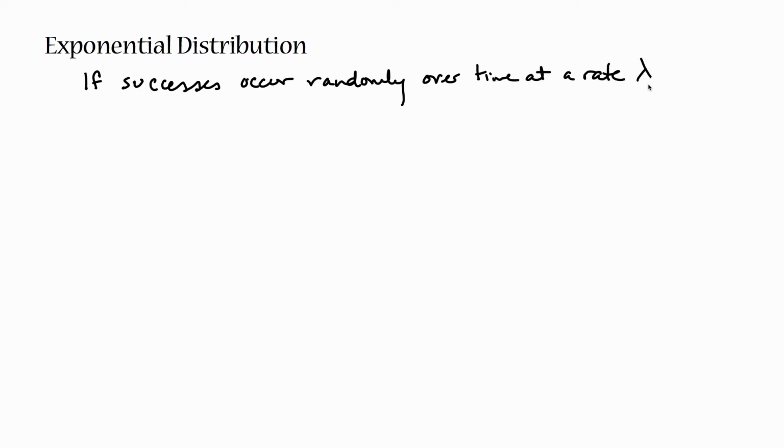So in the continuous time sense, instead of there being a discrete probability of success, successes are happening at some average rate over time. So if successes occur randomly over time at a rate, which we're going to call lambda for now, the time until the first success has an exponential distribution.